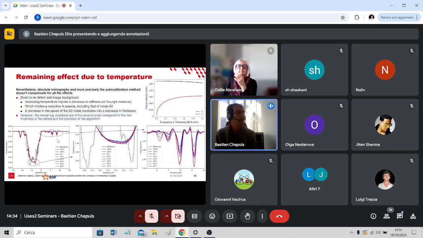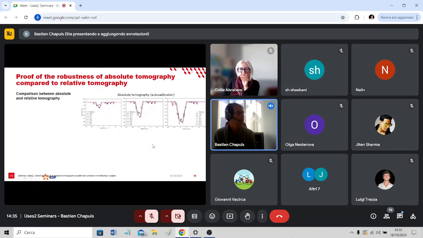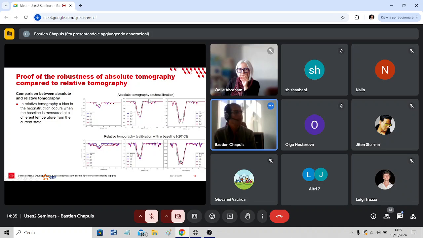You see that we still have 0.1 millimeter or 0.2 millimeter precision. We will improve of second order, so it's not necessary to do that. But why not? Just to compare, here we have absolute tomography, so with the auto calibration method.